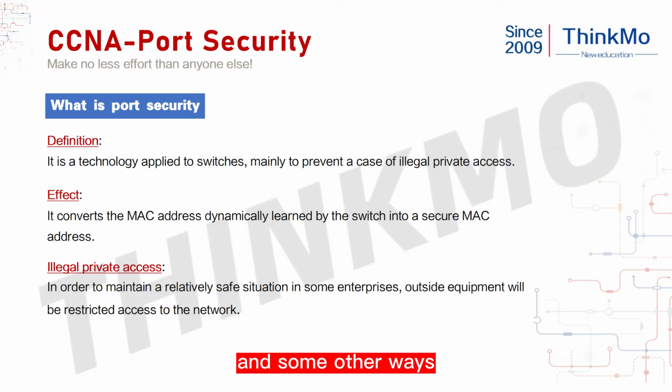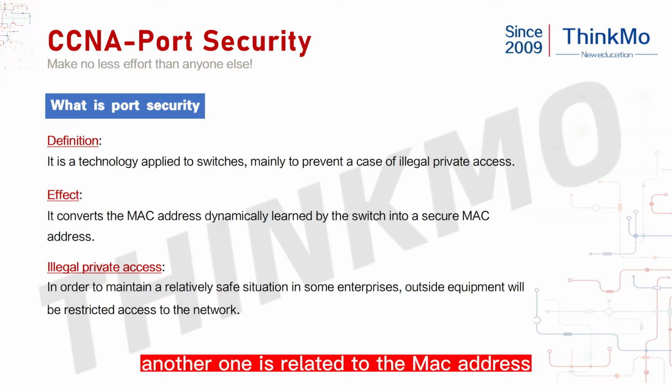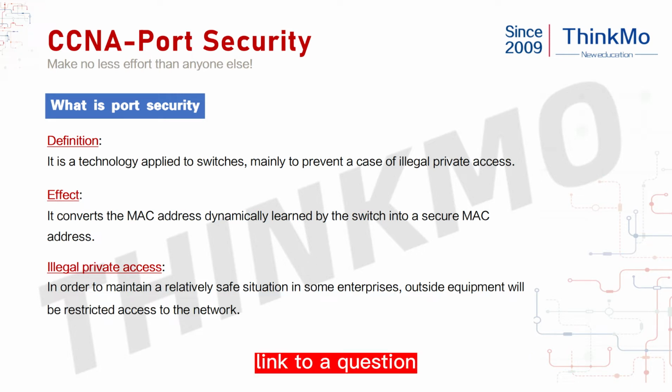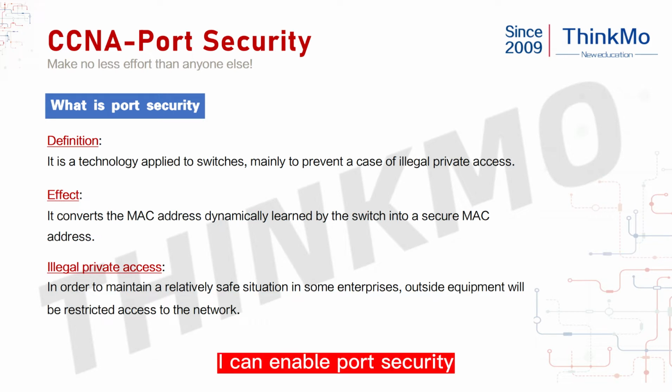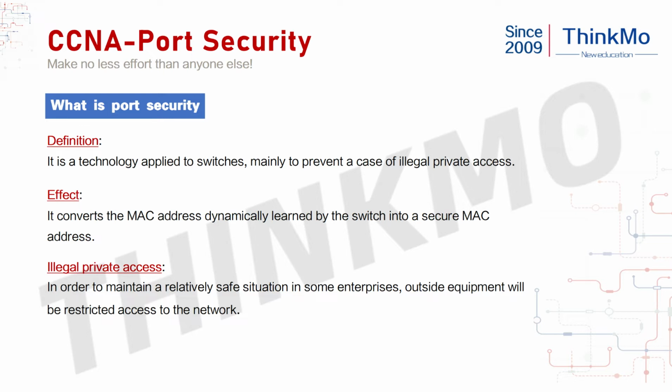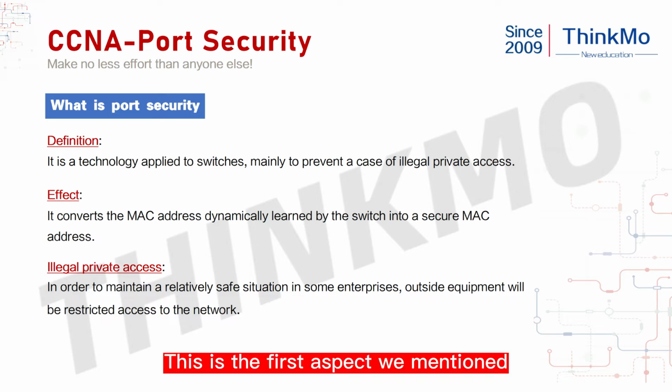As long as a device does not belong to the secure MAC addresses on this switch, I can enable port security and make appropriate restrictions. You can't use the internet after you are connected, which is equivalent to not connecting. This is the first aspect we mentioned.